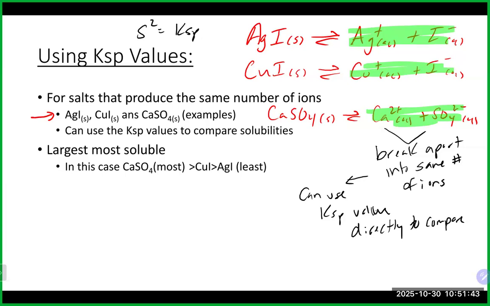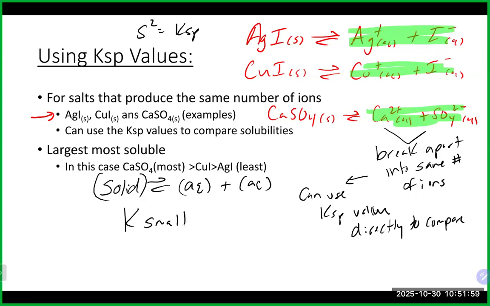So how do we use the KSP value directly to compare? Well, again, since each of these KSP expressions are this situation, solid on the left, aqueous ions on the right, if we have a small KSP value, that would mean that we would expect mainly reactants to be present, right?